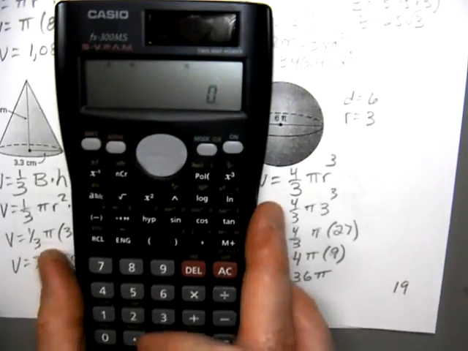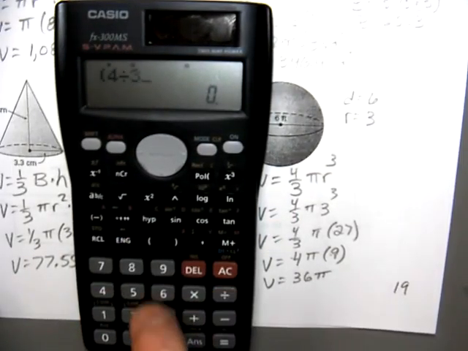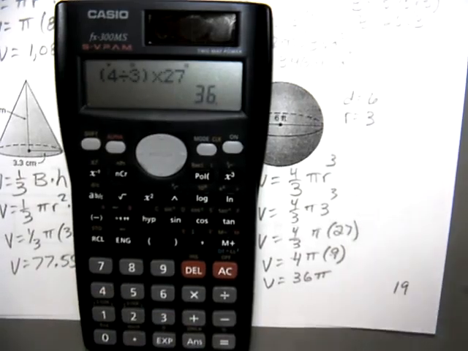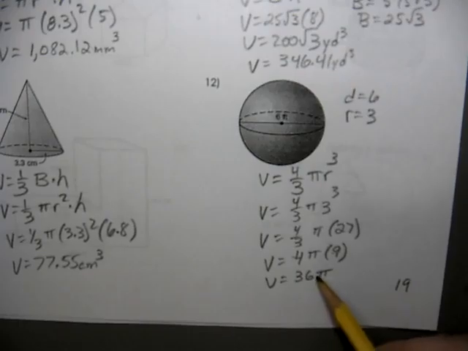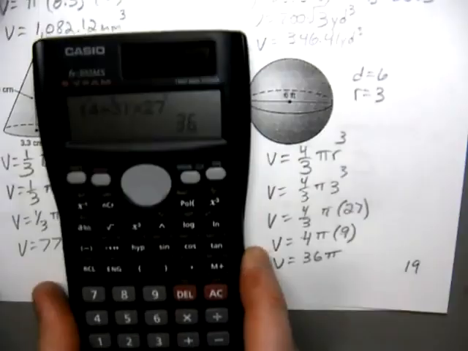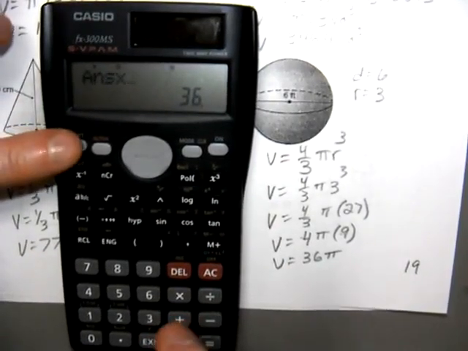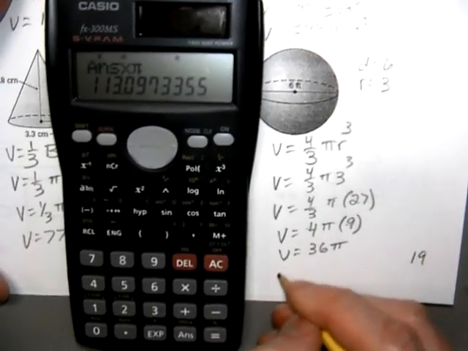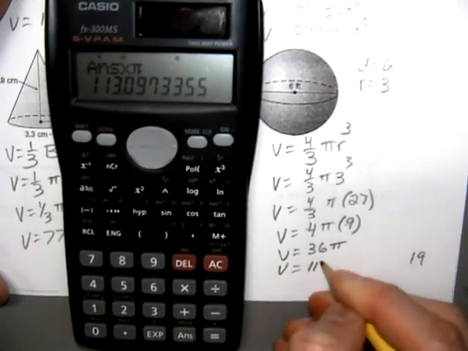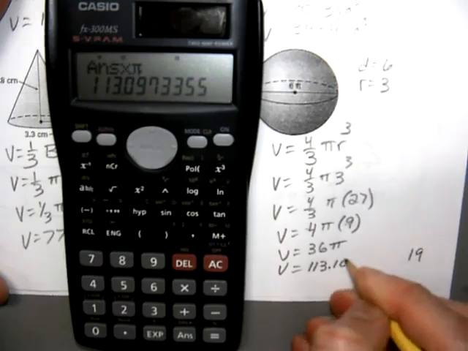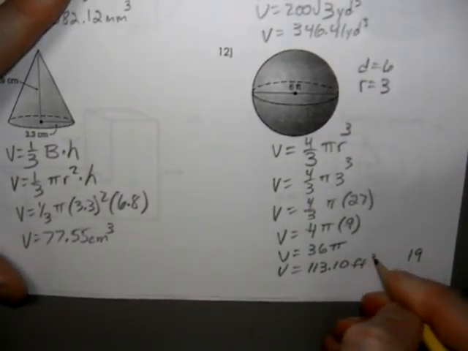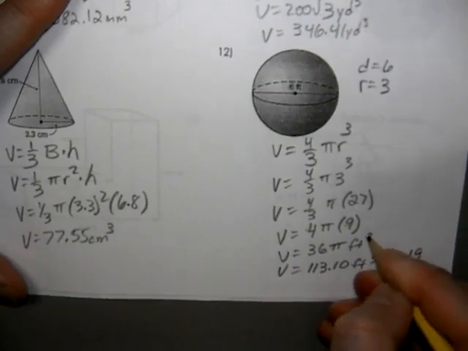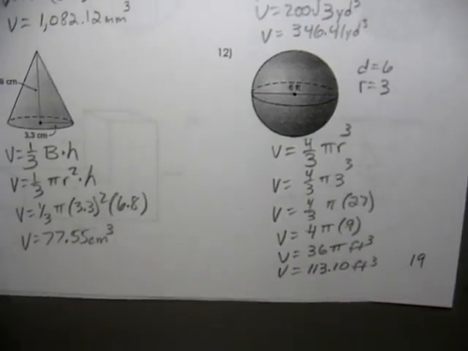Another way you could do that is to use your calculator and say 4 divided by 3 times 27, and that's going to give you 36. We haven't used the pi yet. If you want to put this into a decimal, then we take our 36 times pi, and we get a value of 113.10. That would be feet cubed. For either one of these answers, that would be feet cubed.